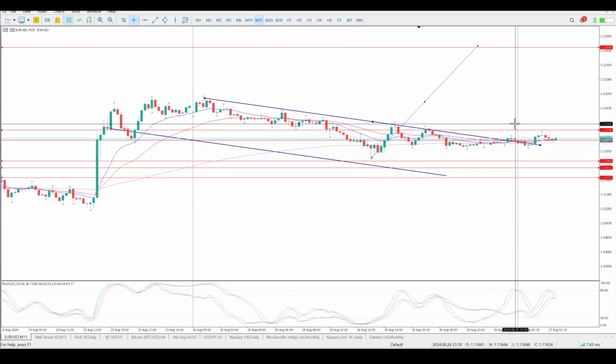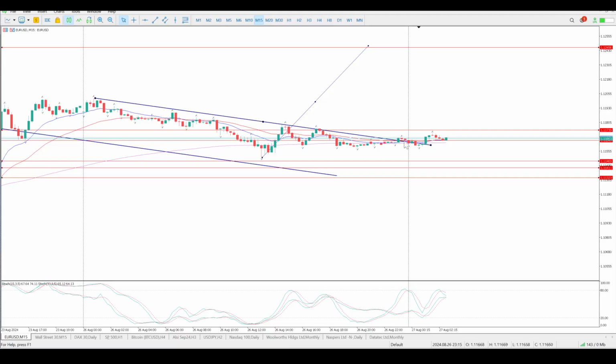From a break of this, we are looking at a 670 point gain here. So that's kind of my play for today.